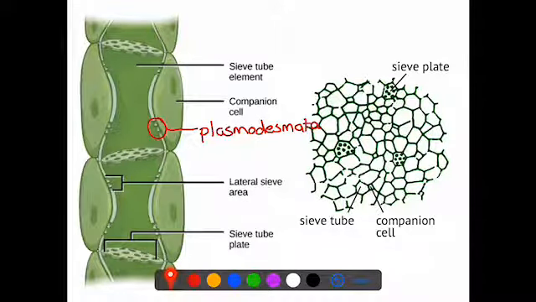This is obviously looking at a longitudinal section. If we look at a transverse section or a cross section like this, here we've cut through our phloem at various points. For this one and this one and this one, we've cut through at or just above or just below, depending on which way around you're looking at your slide, this sieve plate. And so you can see the perforation, and that's a characteristic that you need to look for if you're looking at a micrograph or a scientific drawing.